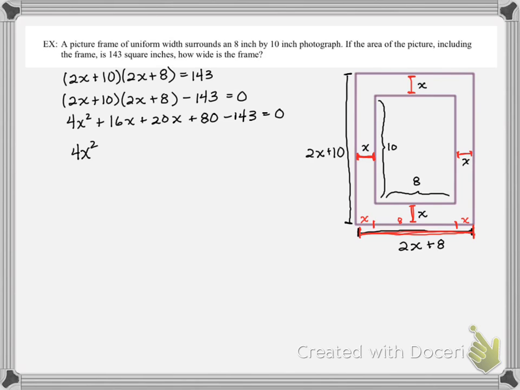So 4x squared plus 32x minus 63 equals 0. Yeah, 20 and 16. Wow, I really am stuck on that being a 12, aren't I?